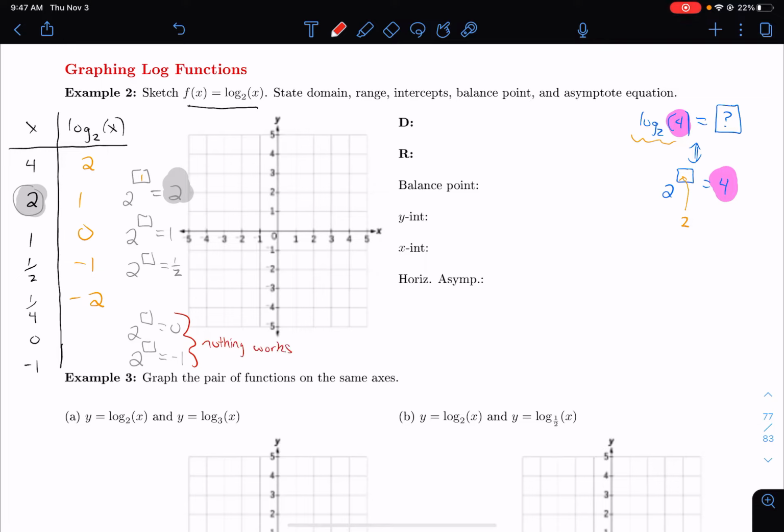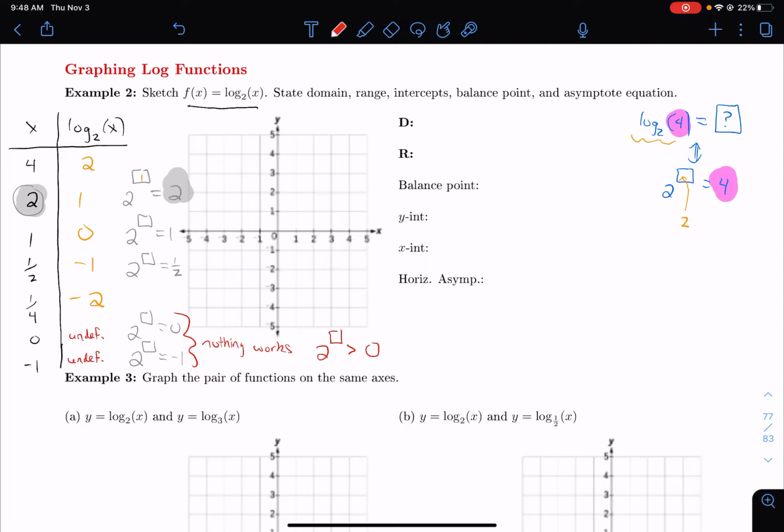Nothing works because 2 to any power is always going to be greater than 0. It's always going to be positive. So there's no way it's going to equal 0. There's no way it's going to equal -1. So as a result, both of these are just going to be undefined. Okay, so this is one of the key properties of log functions. We cannot take log of 0, and we cannot take log of a negative value.